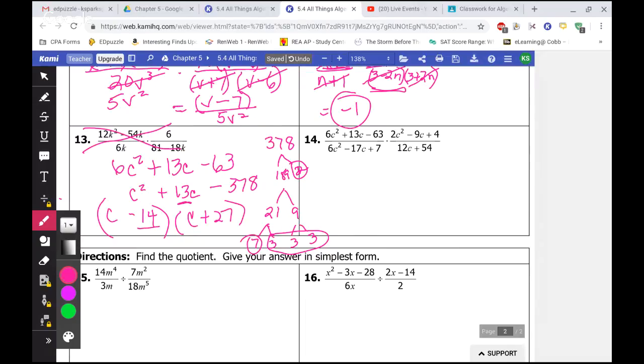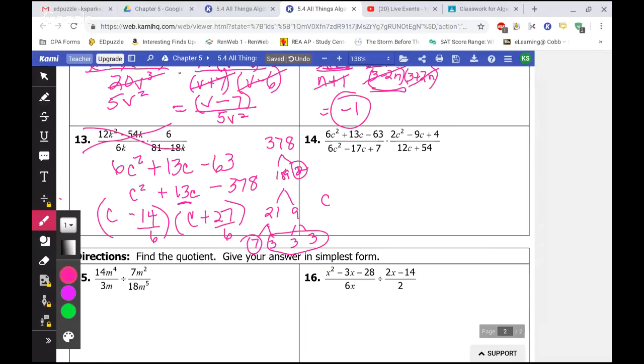Now I'm going to divide both sides by 6. And over here, you're going to reduce each of the fractions. This might have been one that would have been better for that grouping thing.